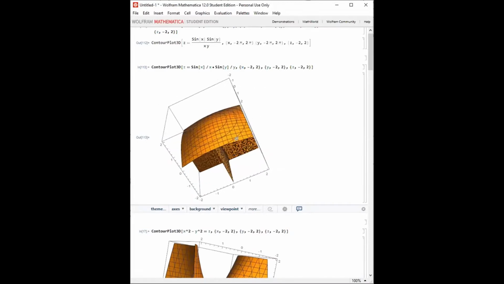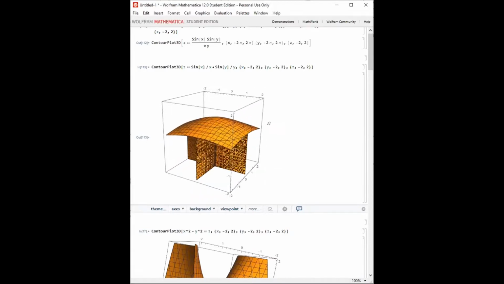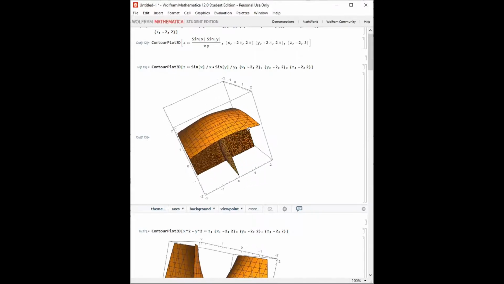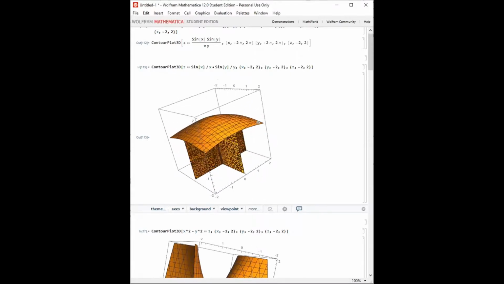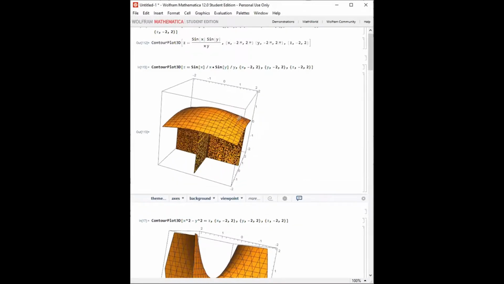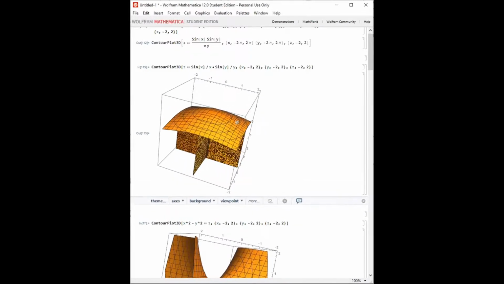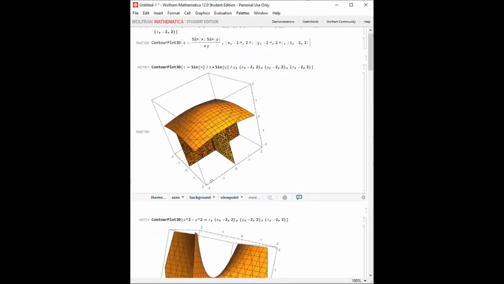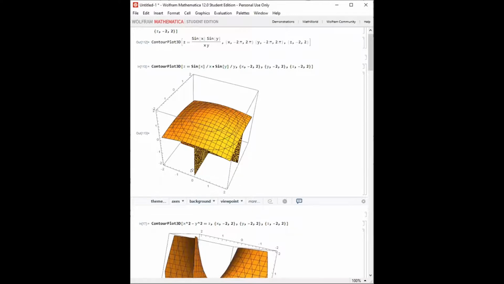Okay, so this is what our function looks like. This sine of x over x times sine of y over y. And these vertical strips that you see here are when x and y are equal to 0. Right? So notice here on this axis we have 0, and over here we've got 0.